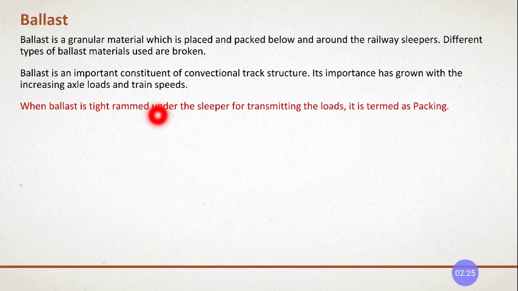Ballast is tightly rammed under the sleepers for transferring the loads. It is termed as packing. If there are two sleepers and you pack the gap between the two sleepers with ballast, that process is called packing.